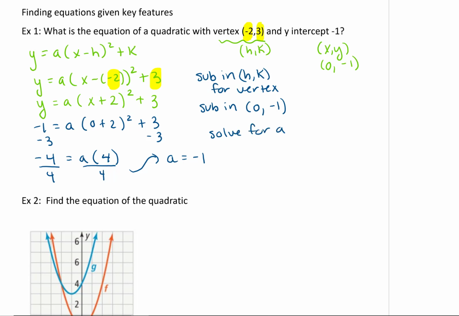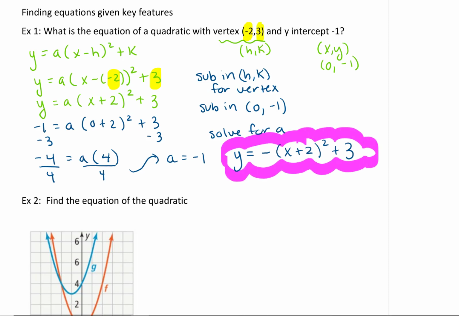Then we're going to finish by actually writing our final equation. So y equals -(x plus 2) squared plus 3. Now this is vertex form.